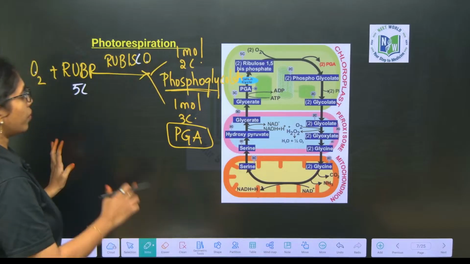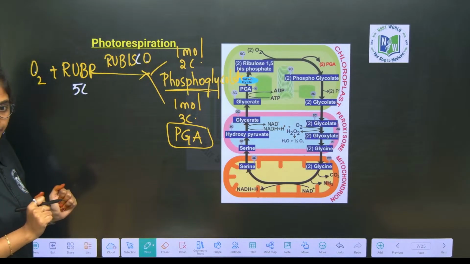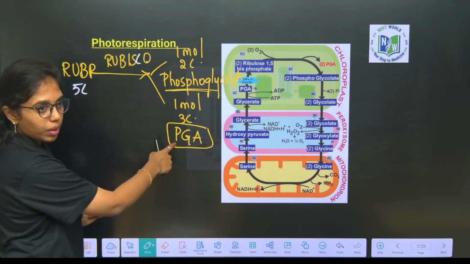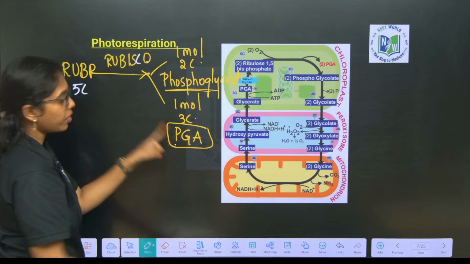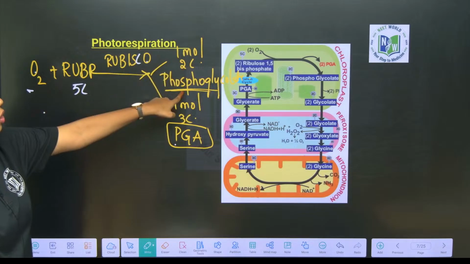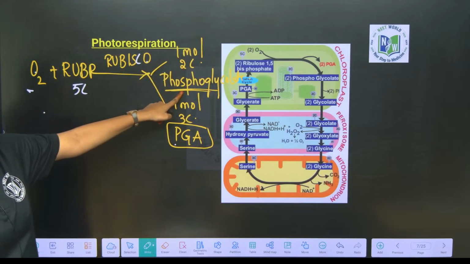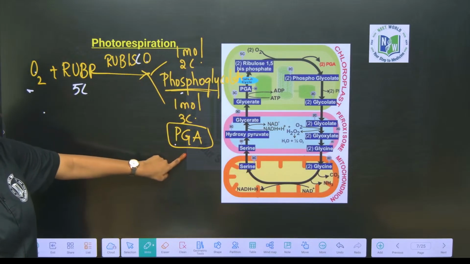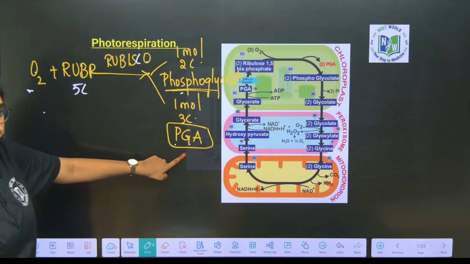Now you have understood the concept, right? Only one PGA will be generated after fixing oxygen. When RuBP binds to oxygen, one molecule of a 2 carbon compound, phosphoglycolate, and one molecule of a 3 carbon compound, PGA, is formed.